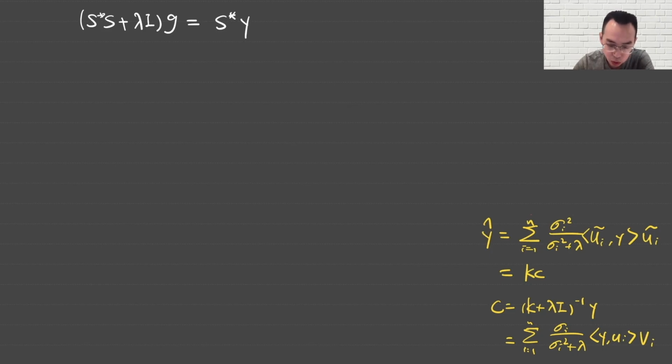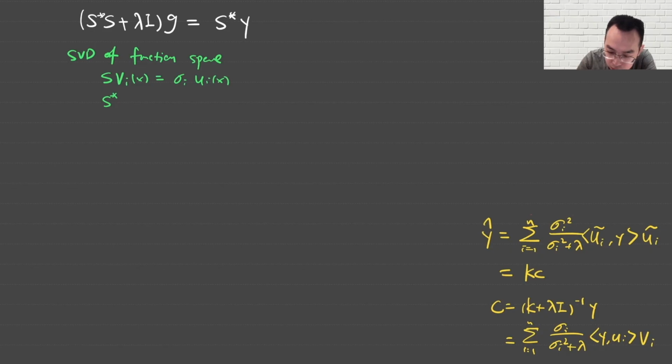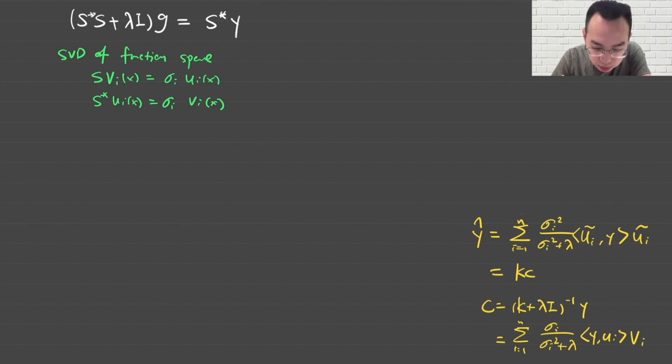Remember that our SVD formula for function space is this: S acting on the singular function v_i(x) equals sigma_i u_i(x), and S star acting on u_i(x) equals sigma_i v_i(x). Another important thing is that i goes from 1 to n.